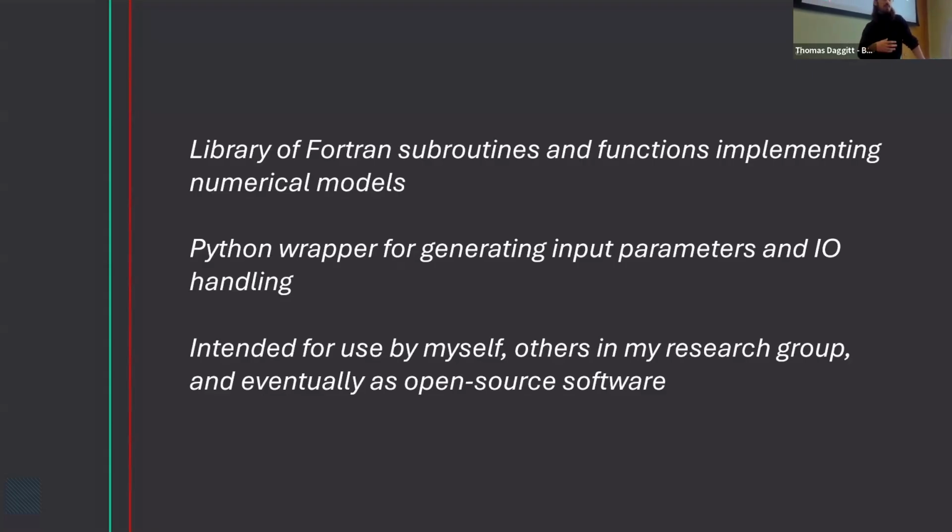It's intended for use by me in my research. I'm currently trying to write the first paper that actually uses this. It's also intended for others in my research group who are using subsets or the whole of the code that I've developed. And the hope is eventually I'll release it as open source software.